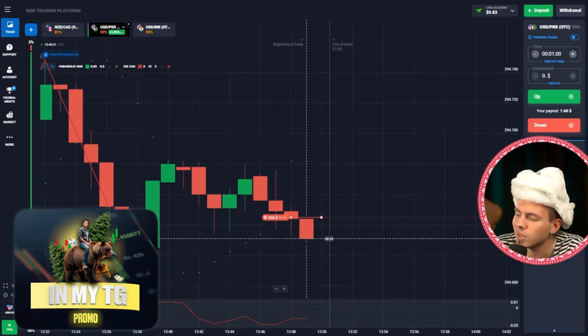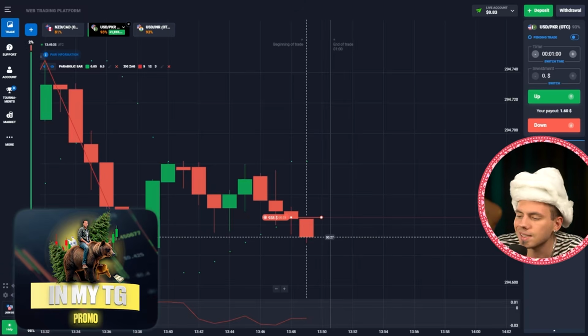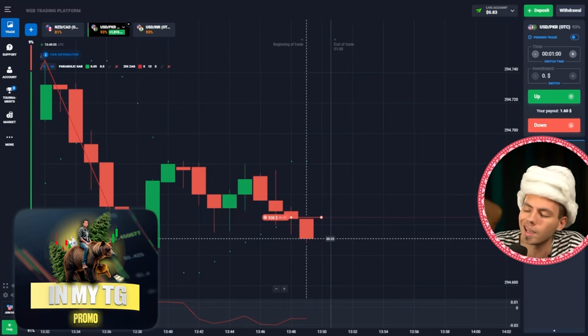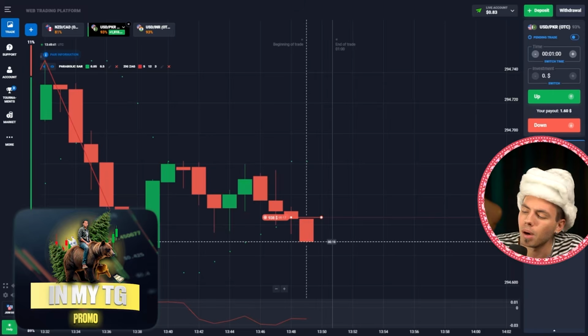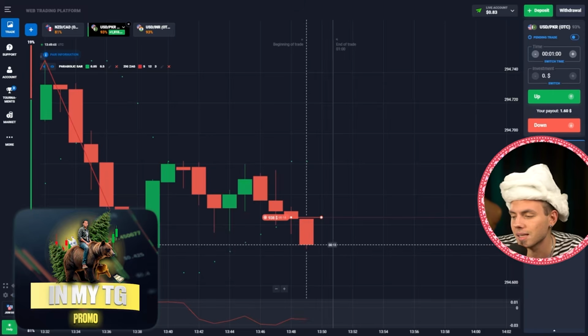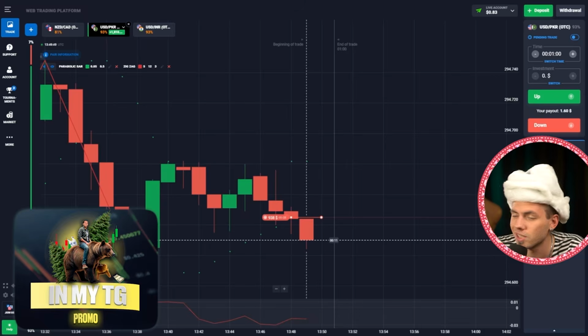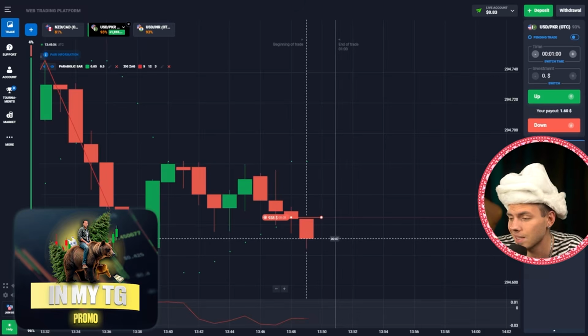You see this level? This is a very strong resistance level, which we definitely will not break right now, because there are no indicators or past situations telling us that this is the moment we can break through this line going up. So the option is down, and all we need to do is be patient and wait a little bit.